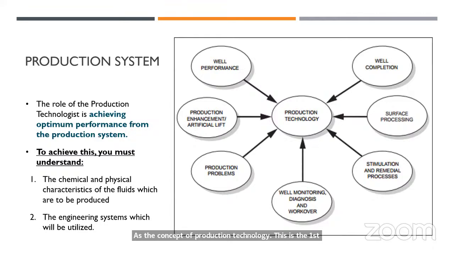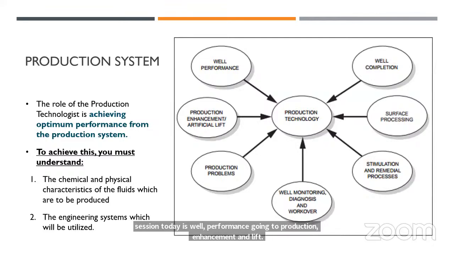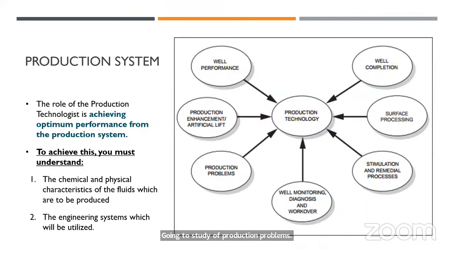Production technology is a term composed of a lot of other disciplines, starting from well performance, which is our session today, going to production enhancement and artificial lift, the study of production problems, well monitoring and diagnosis, workover operations and how to do maintenance for failed wells, stimulation jobs in order to restore the productivity of our reservoir, surface processing, and well completion.